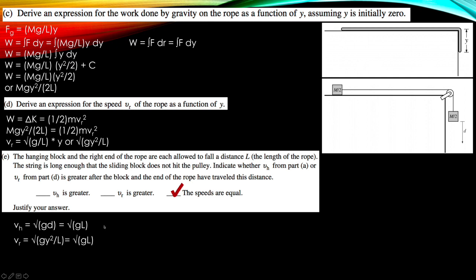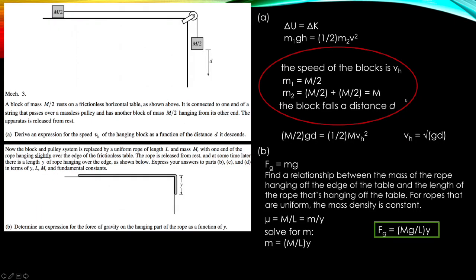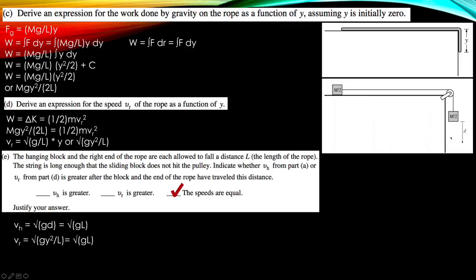These are the same, therefore the speeds are equal after the travel distance L. That's what you have to do with these equations. We found in part A that v_H is equal to the square root of g d, so you just bring that over here, plug in the values, and you'll find that the speeds are equal. So that's the end of this video. Thank you for watching.